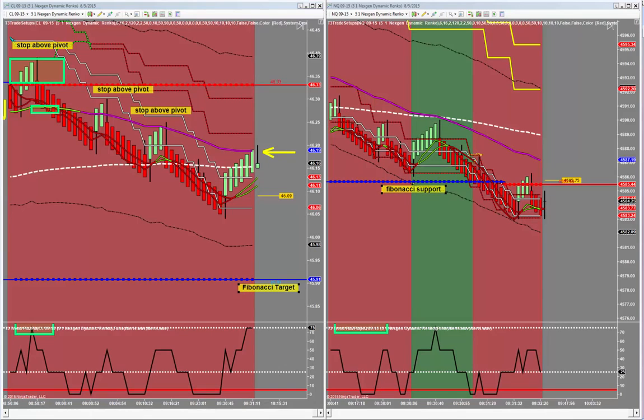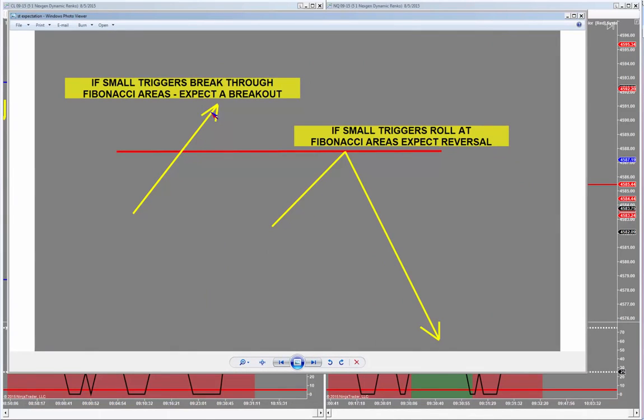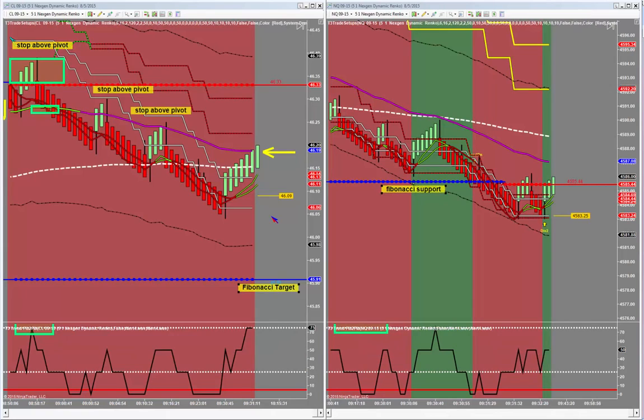Remember the key concept for an area holding or breaking, and it's every line: if the small triggers are getting through the area, we expect a breakout. If the small triggers don't break through the area, we expect a reversal. And we'll see.